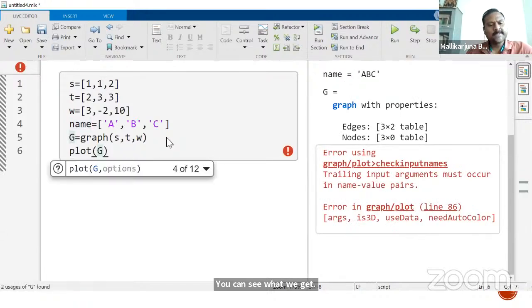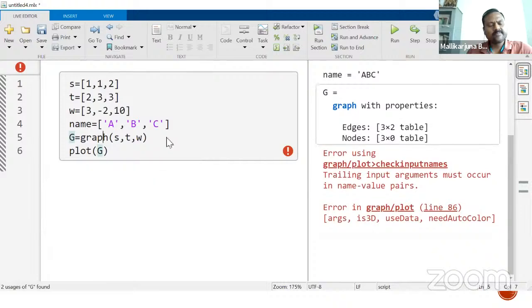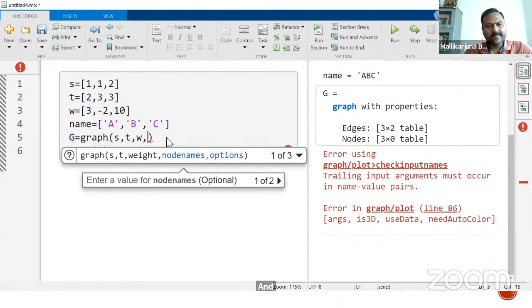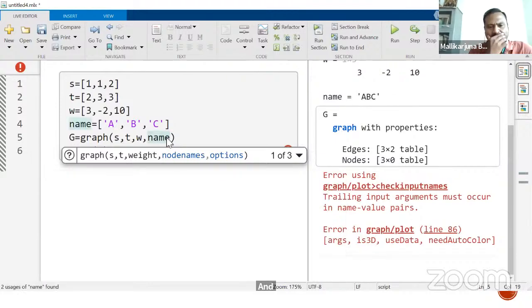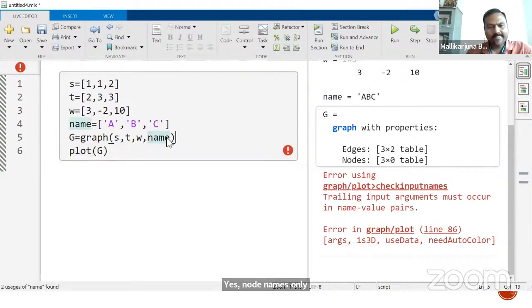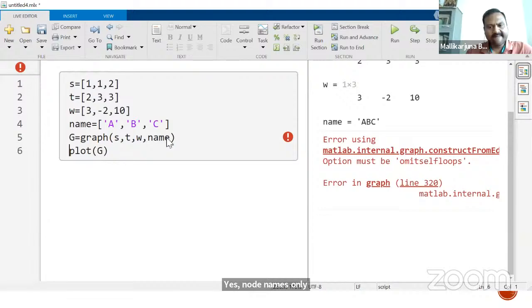Yes, node names only. Graph, MATLAB, error using omit self loops.